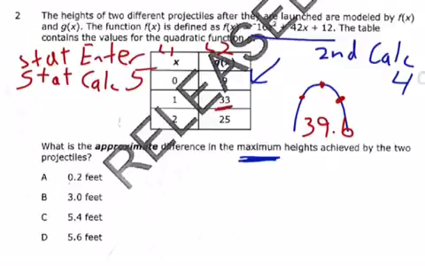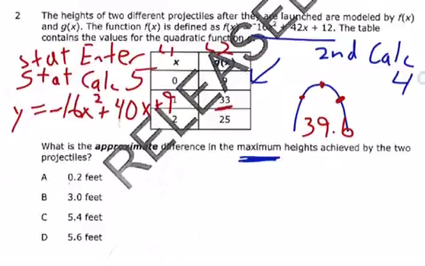And after I do that, hit enter a couple times, it's going to give me my equation. And I need to go into y equals and type in that equation it gives me. So I'm going to write it down, and it's negative 16 x squared plus 40x plus 9. That's the equation it gives me when I do the quadratic regression.